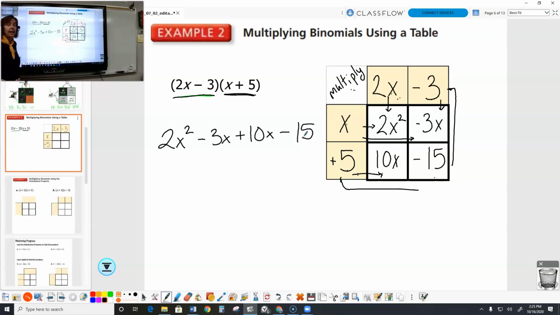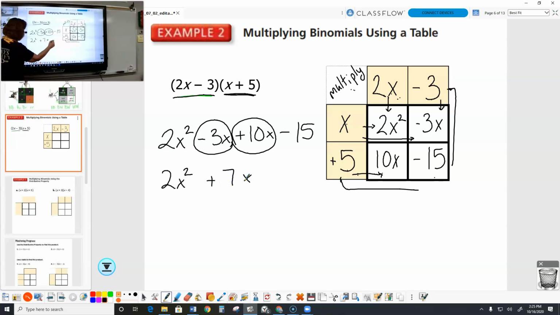And the only other thing I need to do is combine like terms. All right, so I don't have anything to combine the 2x squared with, but I can combine this with this, and that's going to give me positive 7x, and then minus 15.